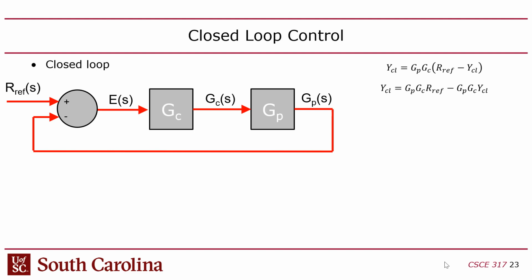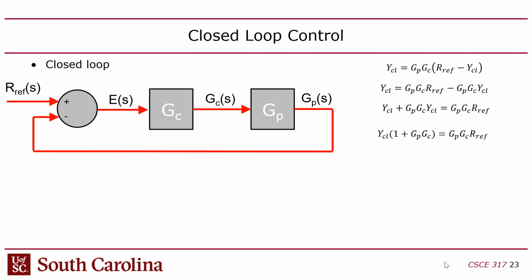CL is closed loop Y. Then we can take this term and move it over to the left-hand side. So Y CL plus GP times GC times Y CL equals GP times GC times R ref. And then we can factor out Y CL, which gets multiplied by 1 plus GP times GC.